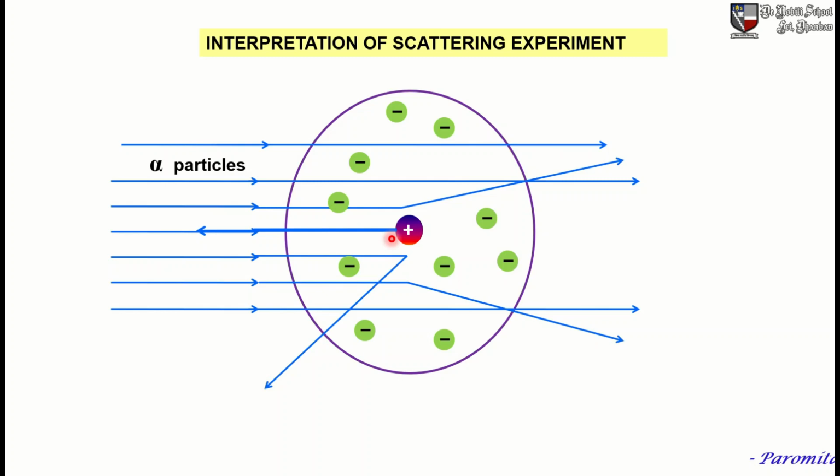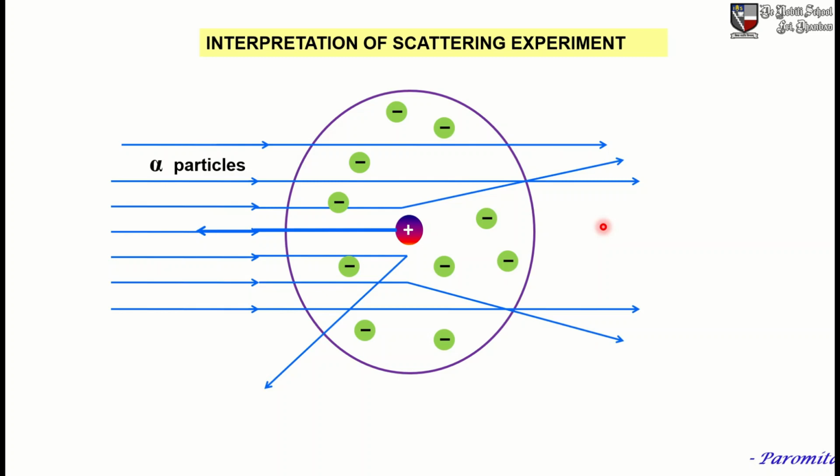This positively charged body at the center of an atom is called the nucleus. Since the electron has negligible mass, the mass of an atom is concentrated in the nucleus. Rutherford also said that electrons revolve around the nucleus at large distances from it.